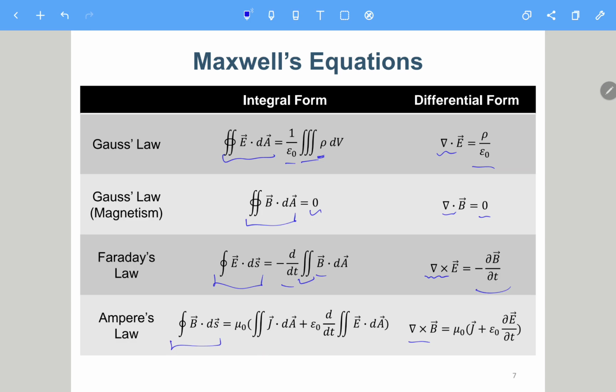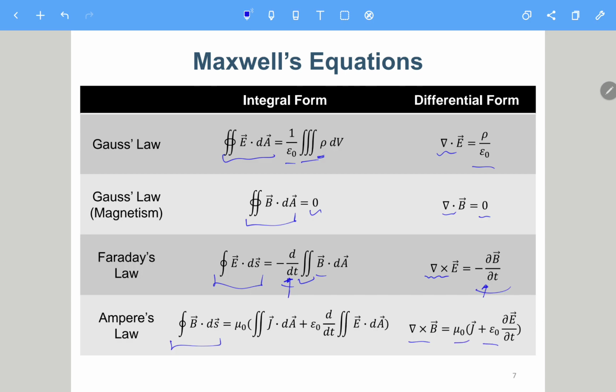The only thing we need to be concerned about is that the original derivative becomes a partial derivative. And also here, the double integral sign vanishes, so here we only have mu naught J. And then here we have mu naught, epsilon naught, partial E, partial t.